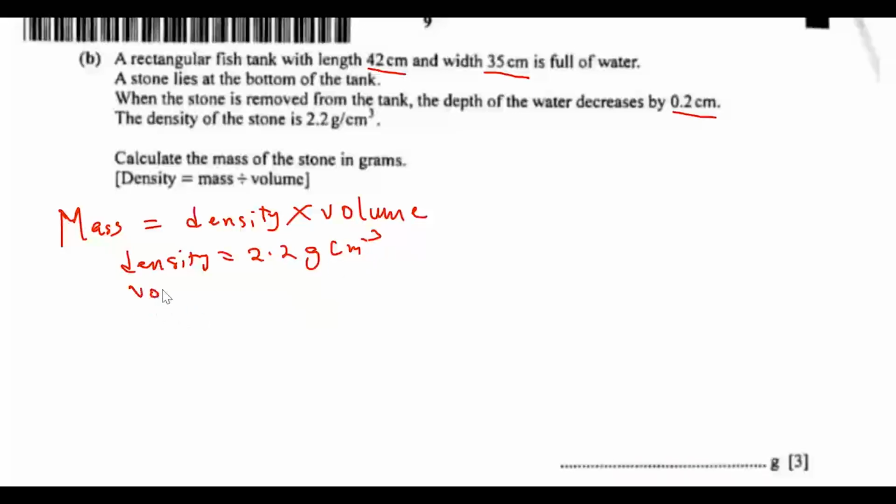So we need to get the volume of water gained by the stone. Once we get this, we can easily get the mass of the stone by using this formula.